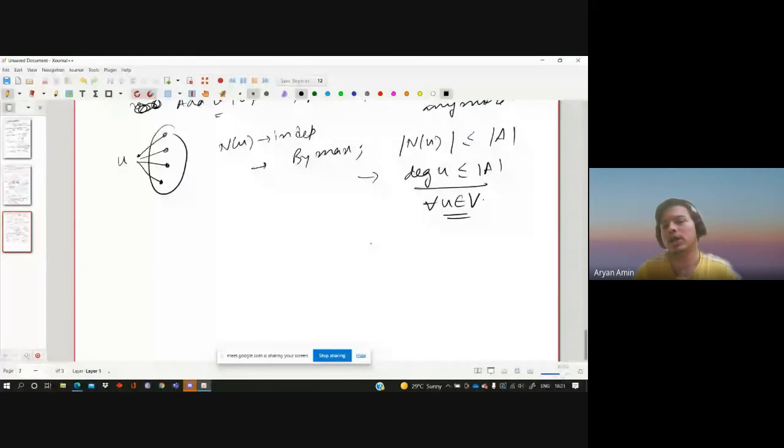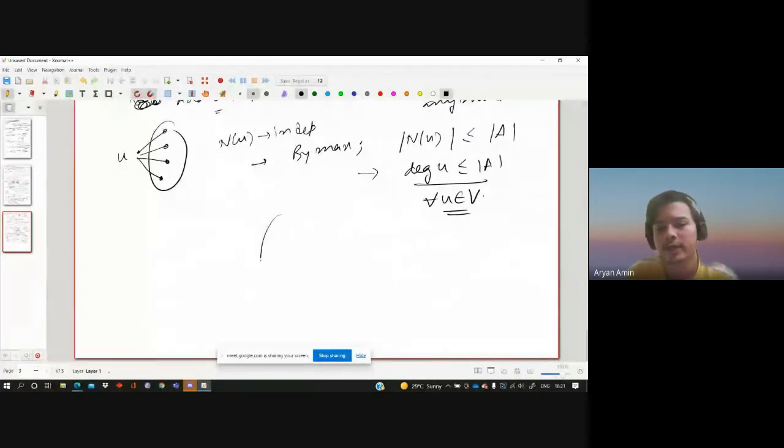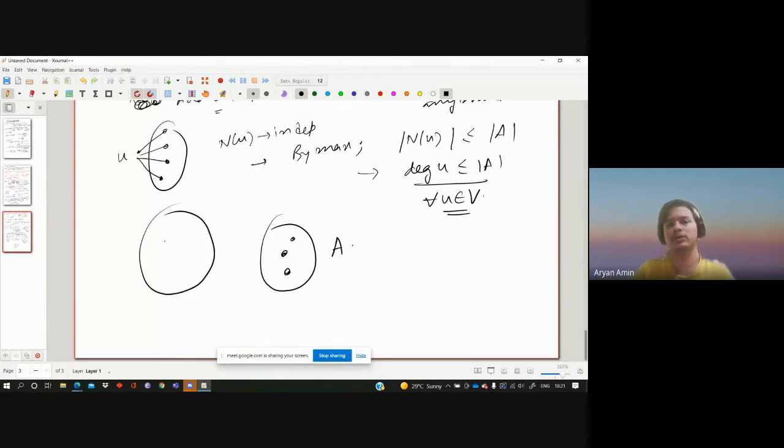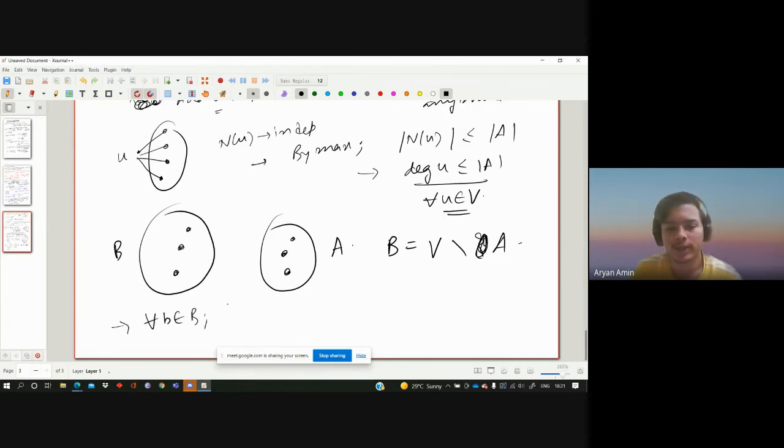Suppose this was A, and this was the graph minus A, call it B, so B is V minus A. You know that A is independent. And for all b in B, there exists an a in A such that ab is an edge.